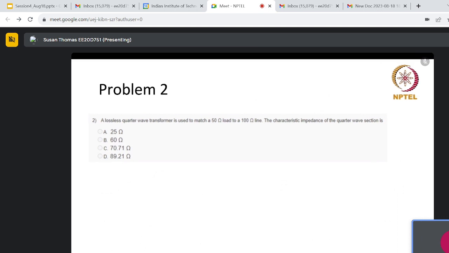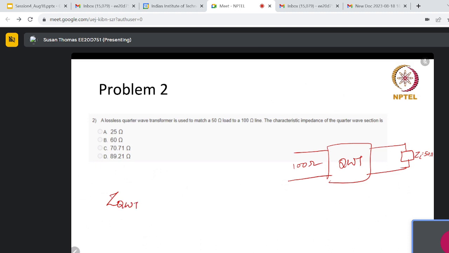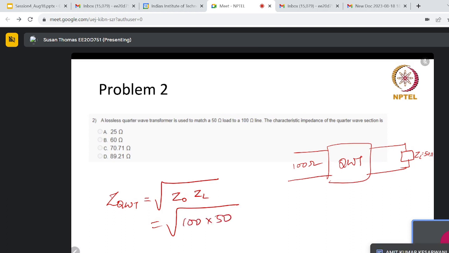A lossless quarter wave transformer is used to match a 50 ohm load to a 100 ohm line. So this will be square root of Z0 into ZL, which is 100 into 50.